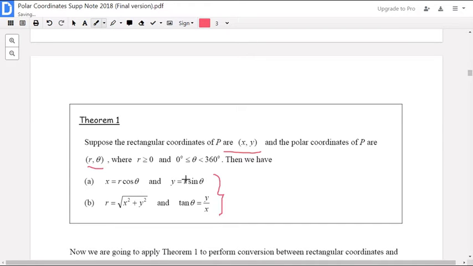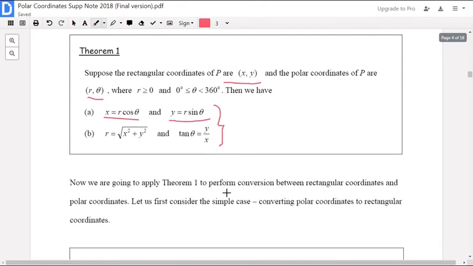First, x must be r cosine theta, and y must be r sine theta. Second, the other way around, using properties of trigonometric identities, r must be the square root of x squared plus y squared, and tangent theta must be y over x.